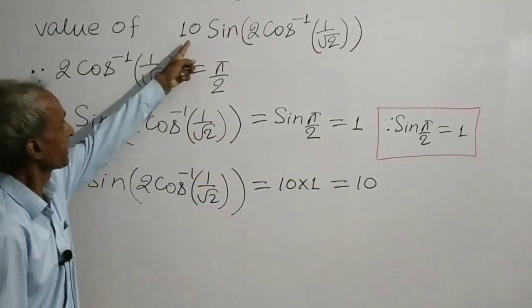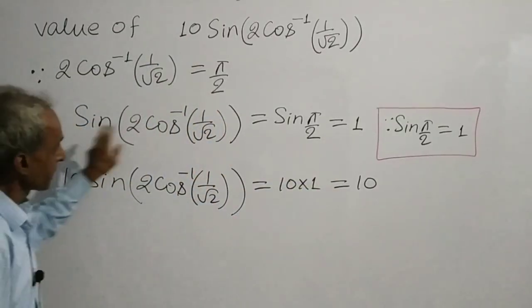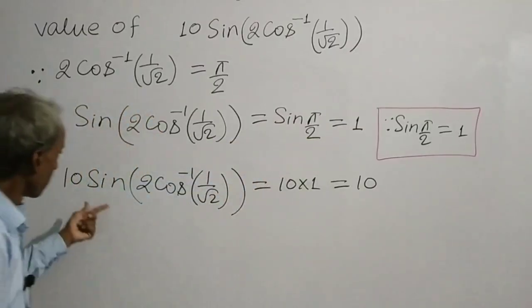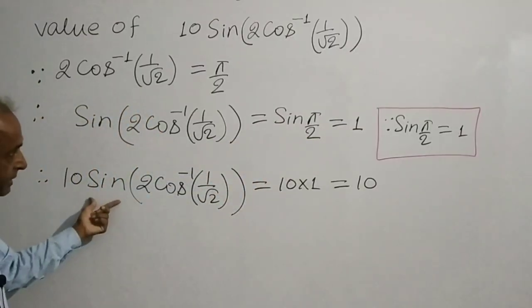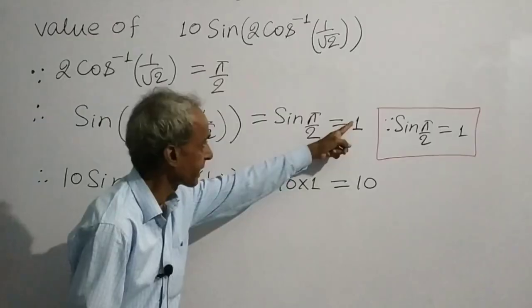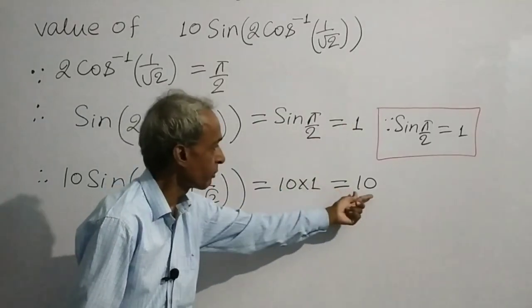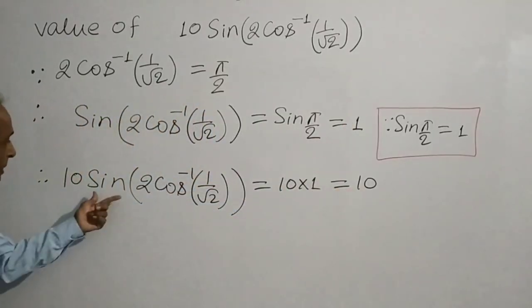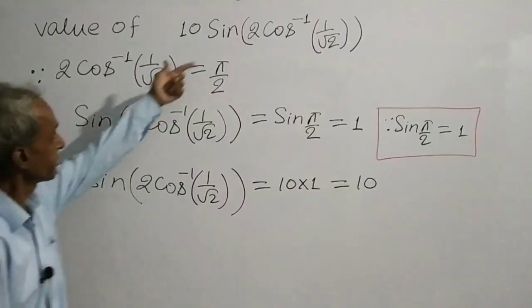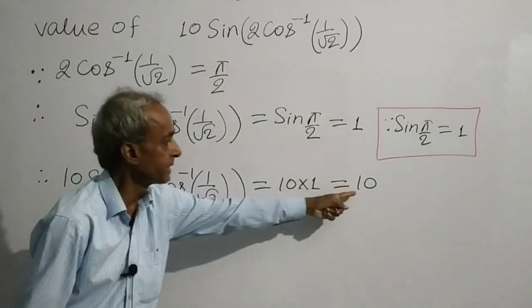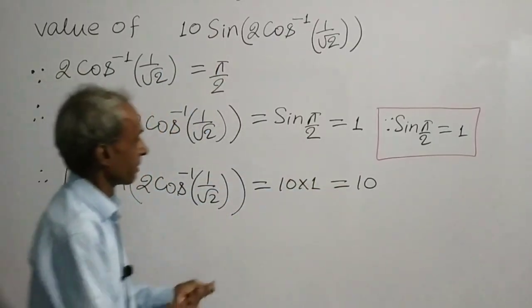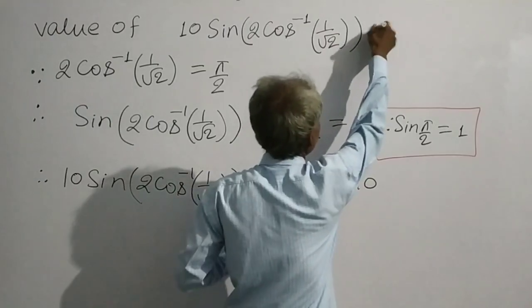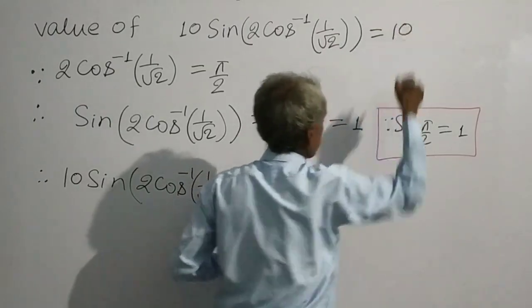Now here is 10. Therefore, multiplying both sides by 10, we get 10 times 1, that is equal to 10. Therefore the value of this is equal to 10.